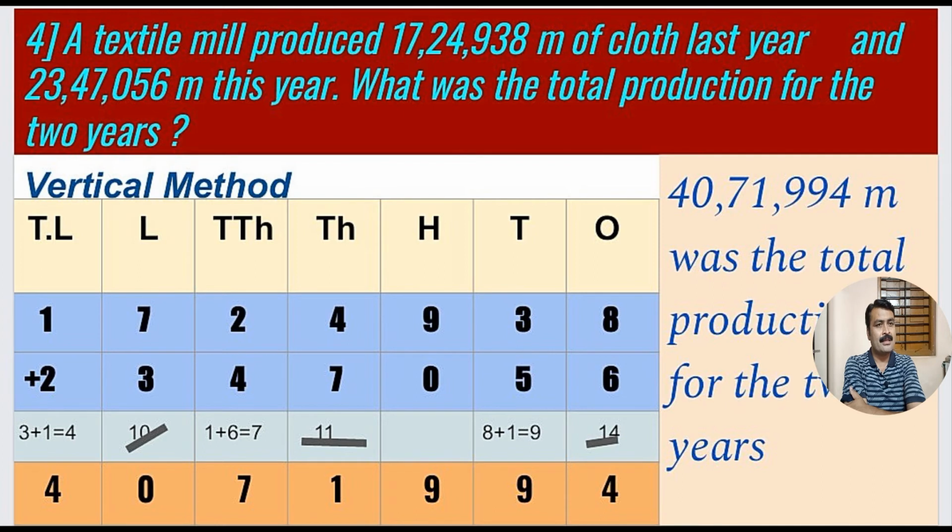Meter is the unit to measure length. लांबी मोजण्याचं मीटर हे एक एकक आहे, त्याच्यासाठी आपण स्मॉल एम वापरतो. This year, चालू वर्षी, या वर्षी. After that, total production, एकूण उत्पादन, for the 2 years, 2 वर्षांसाठी. So this is the meaning of important words in this word problem.